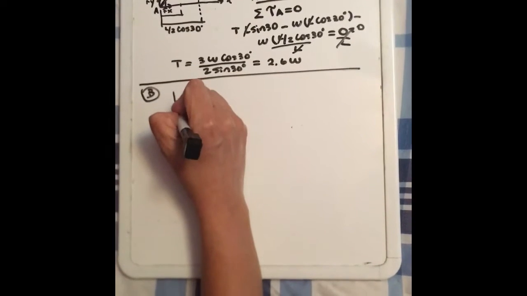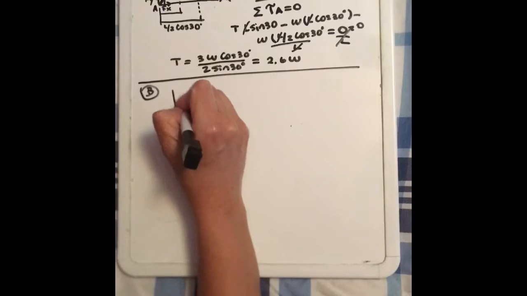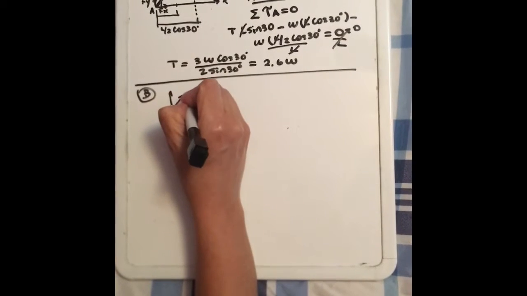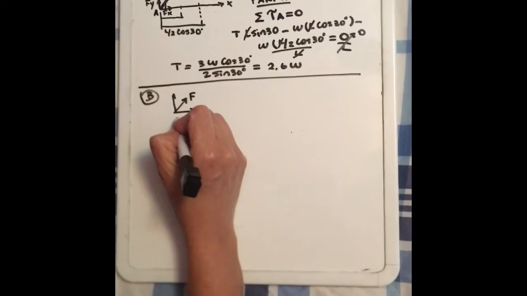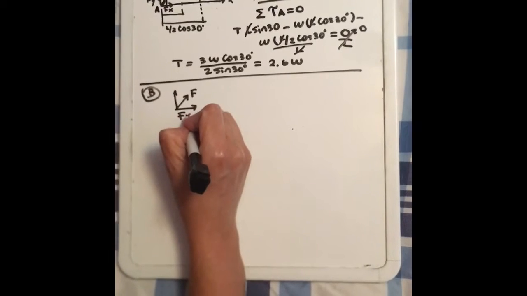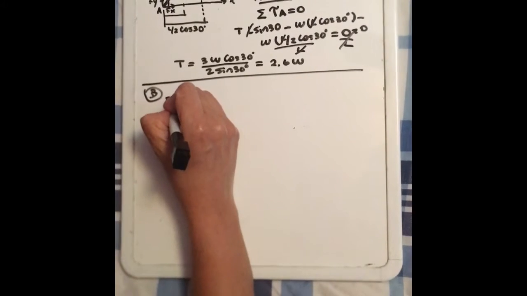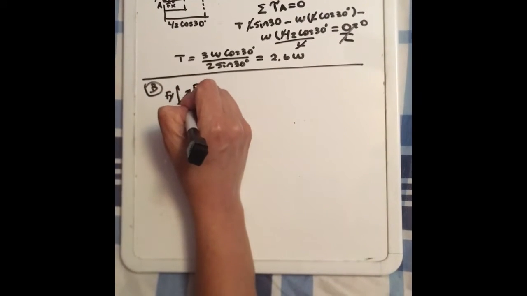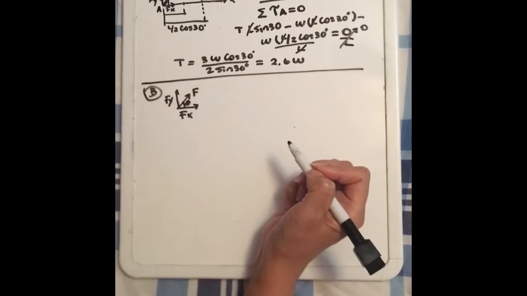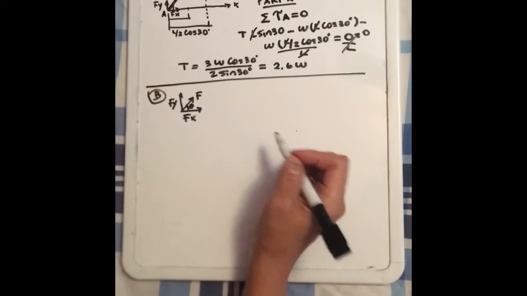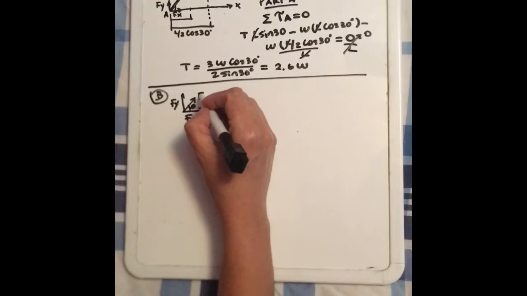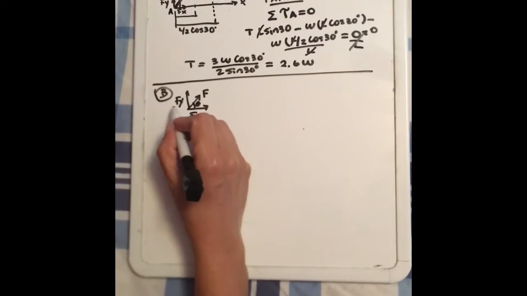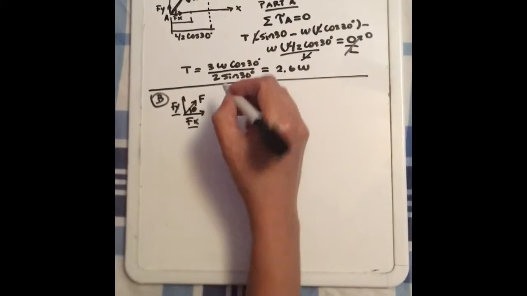So we're talking about this force. Its horizontal component is f of x, and this one is f of y, and this is the direction theta. To find the magnitude of this force, we need to know this and this.